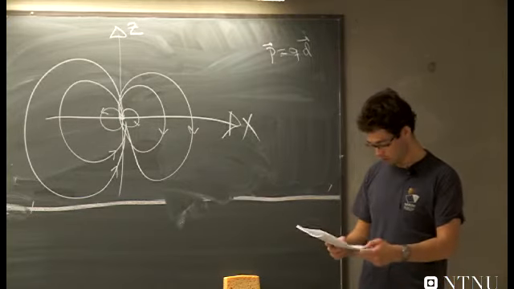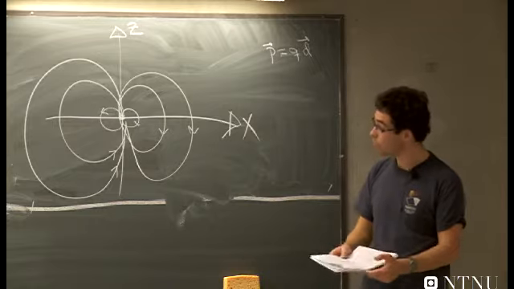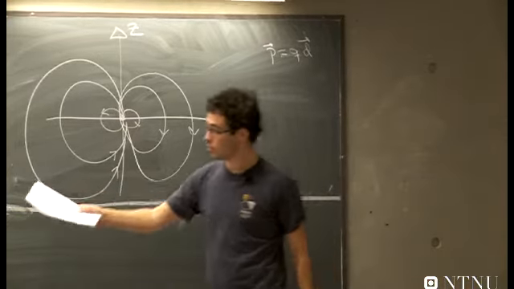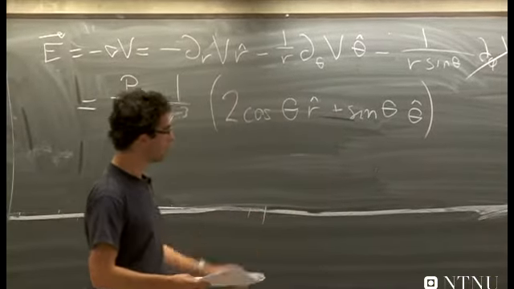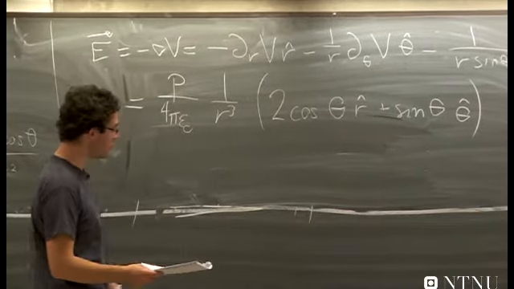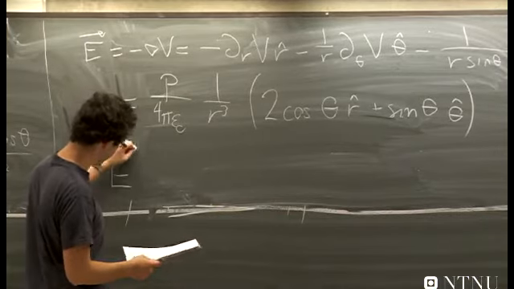Then we could also write this field in a coordinate-free form, which eliminates all the thetas and so on. So it's easier if you want to do coordinate transforms, and that's an exercise for you to show in the book.